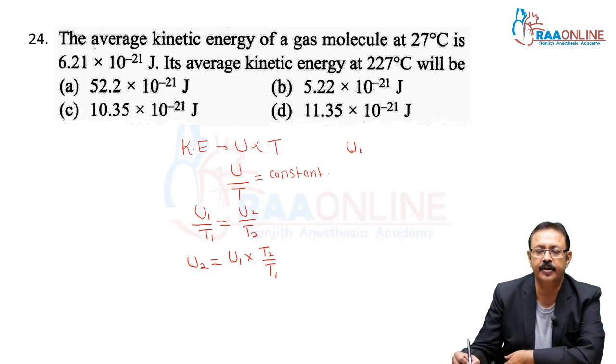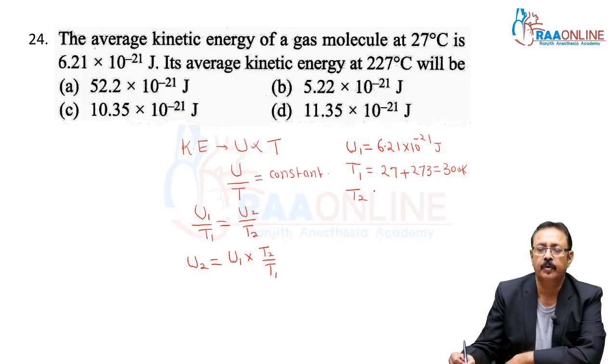And now what is given? U1 is given. Initially kinetic energy was 6.21 into 10 to the power minus 21 joule. What was the initial temperature? Capital T means Kelvin, so add 273. So 27 degree Celsius plus 273, we are getting 300 Kelvin. T2 is increased by 200, so add 200 in the final result. What we are getting? 500 Kelvin.